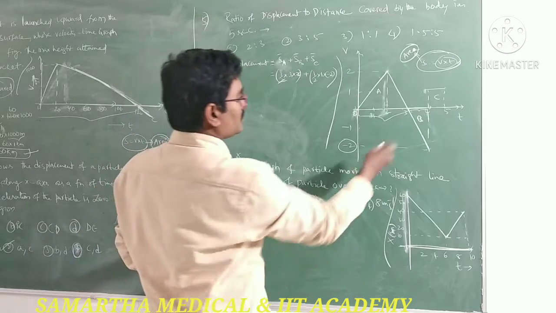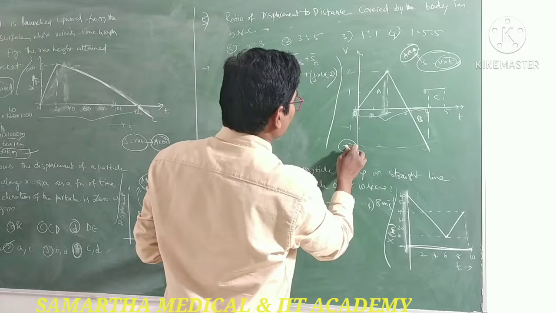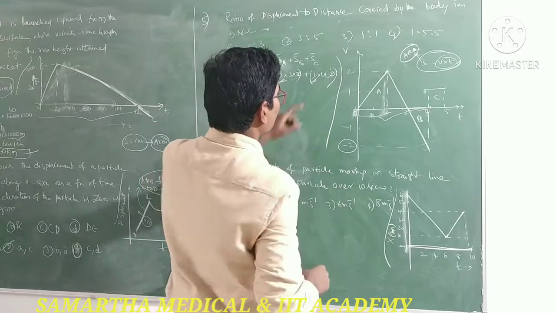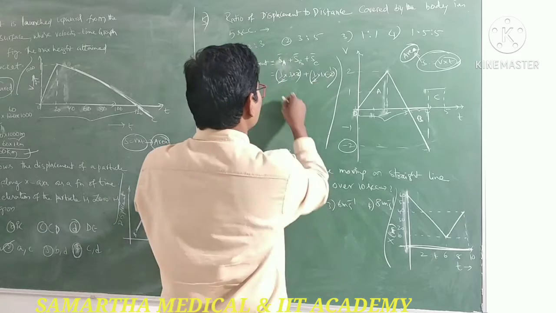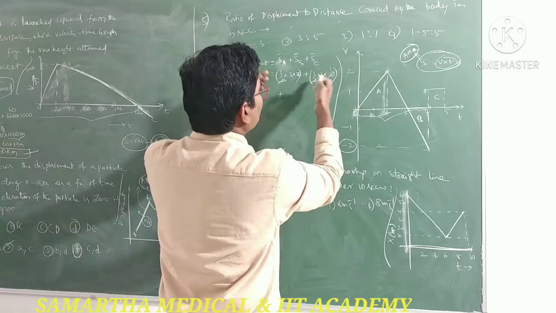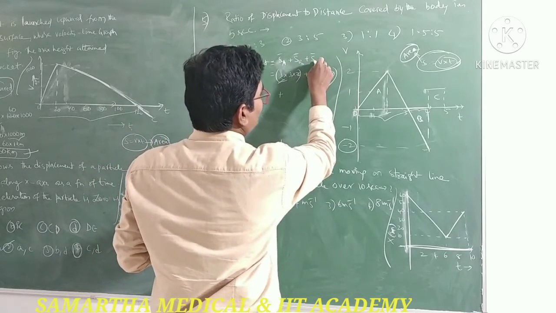That's all. So the area here, half base into height, gives you a negative value. So this area will be -1. So you get -1 here. Next, instead of -1, if you take +1, that is the distance. That's the difference.